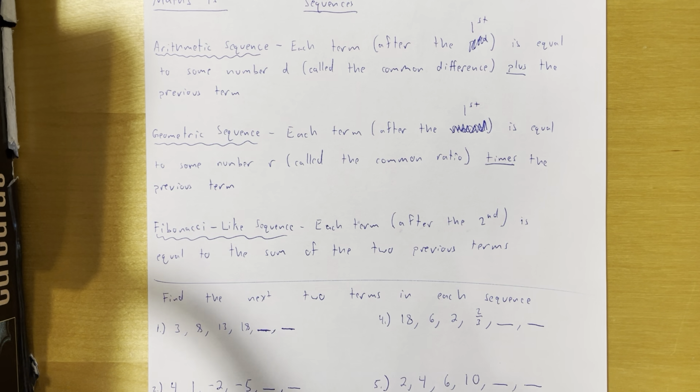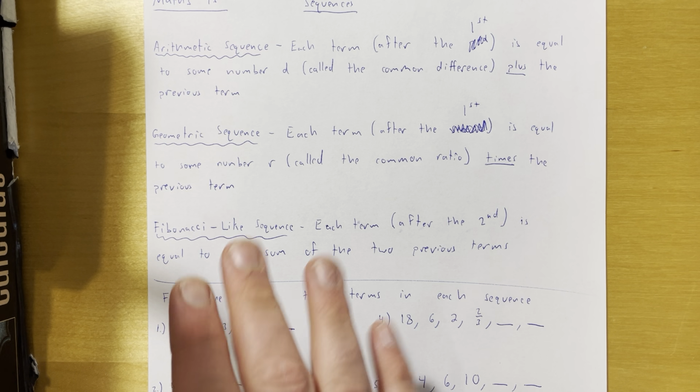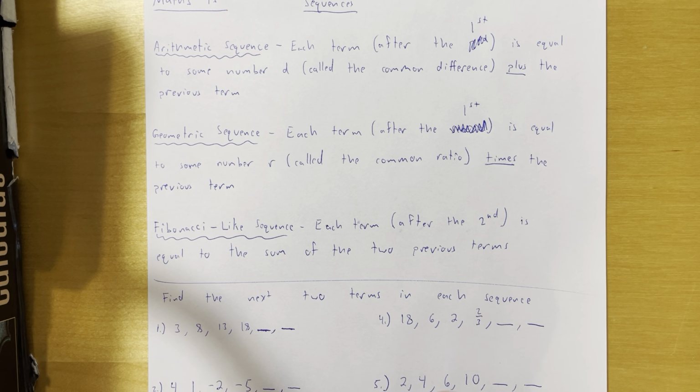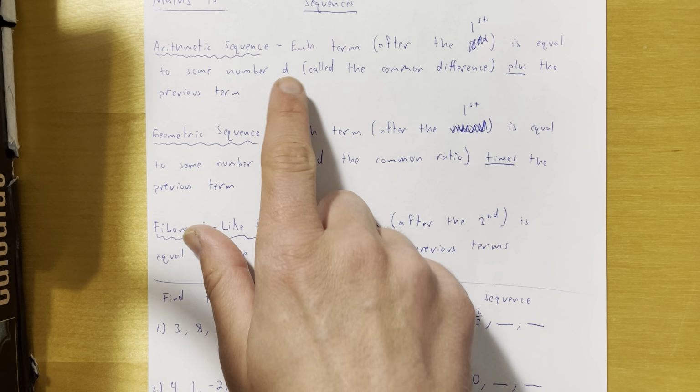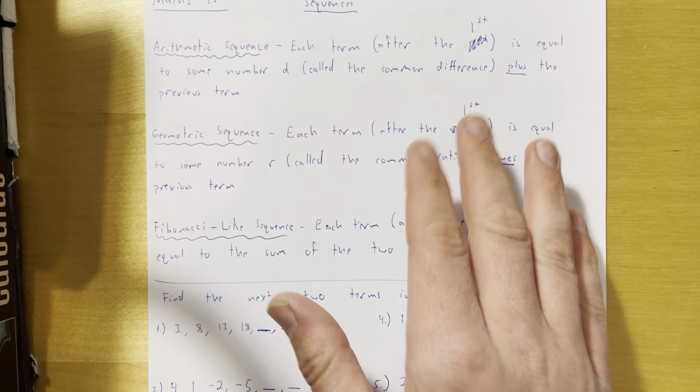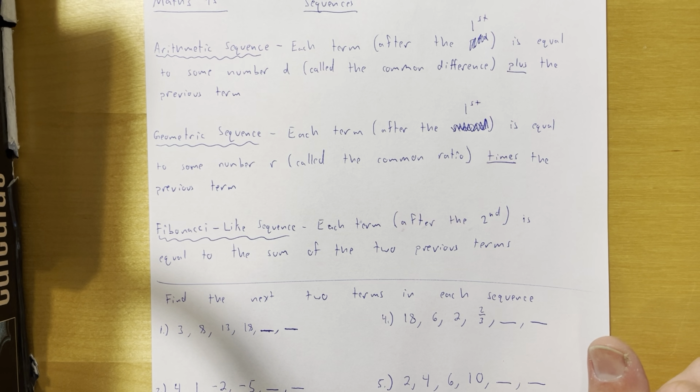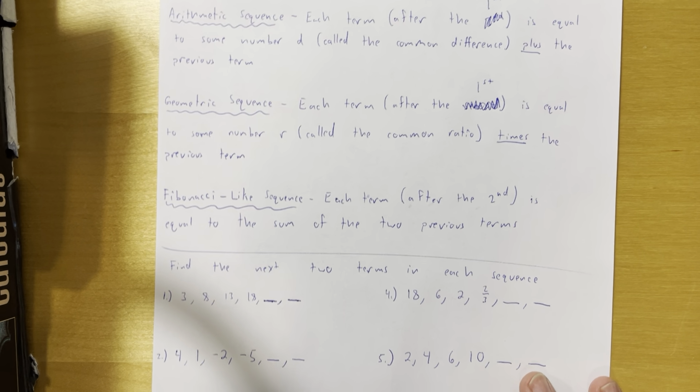So really quickly, to review what those are, an arithmetic sequence is a sequence where each term after the first term is equal to some number d, which we call a common difference, plus the previous term. So basically in an arithmetic sequence, the first term is kind of arbitrary, and then to find each new term in the sequence, we have a specific number that we keep adding to the previous term to generate that sequence, and we'll look at some examples of that.